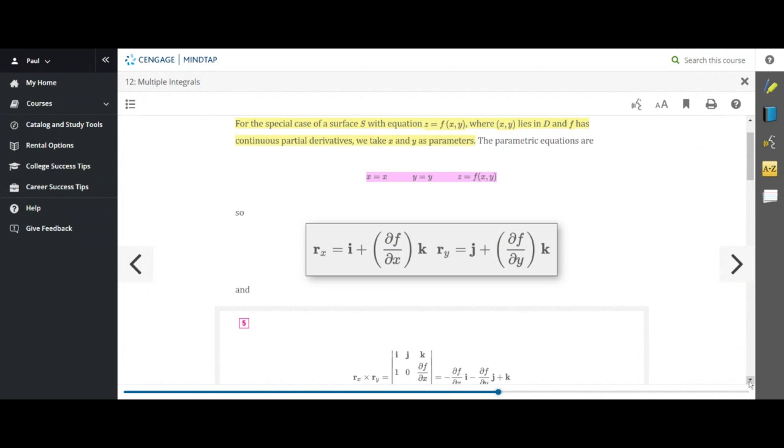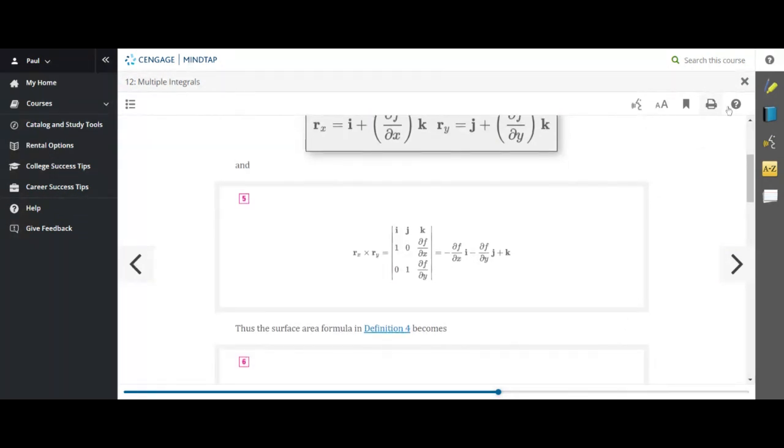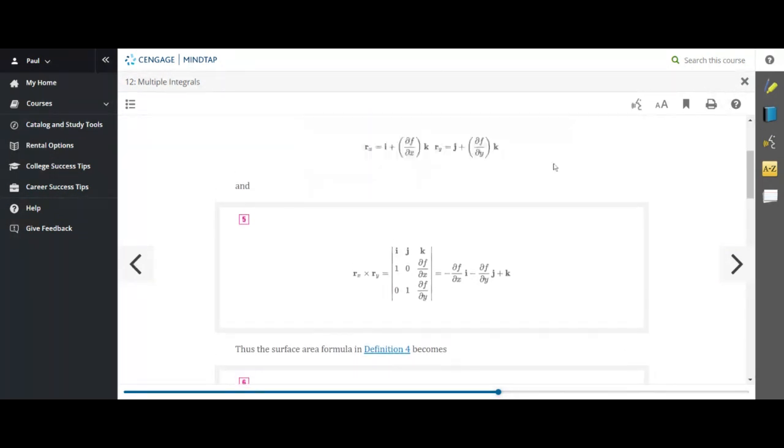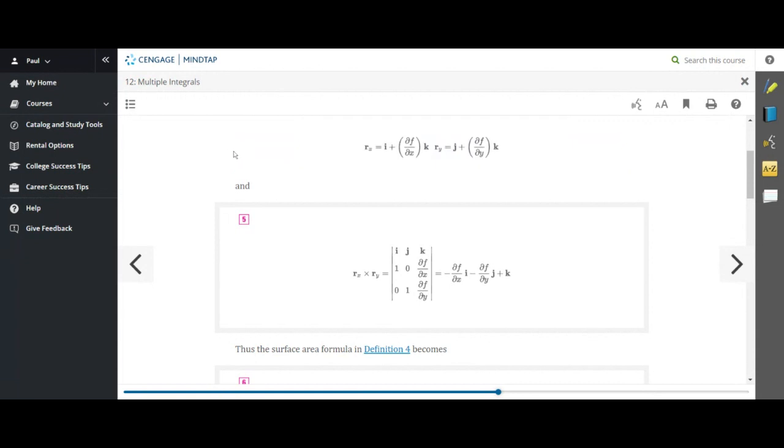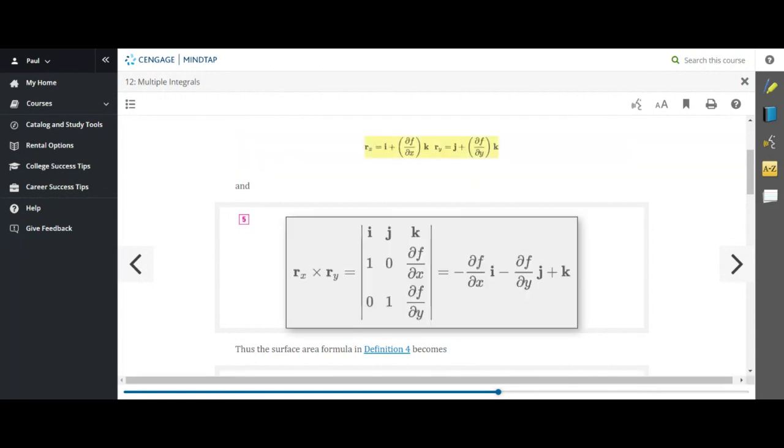Let me put those in pink. Maybe yellow this time. Here now is the cross product of those two derivative vectors.